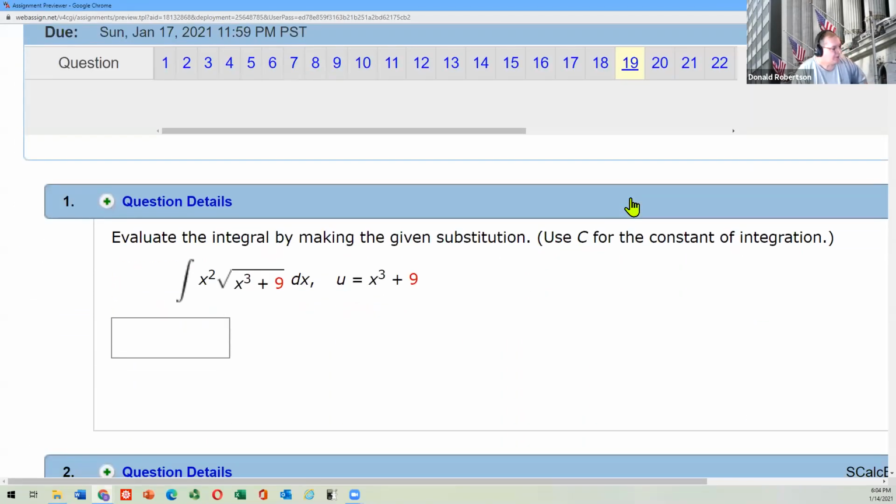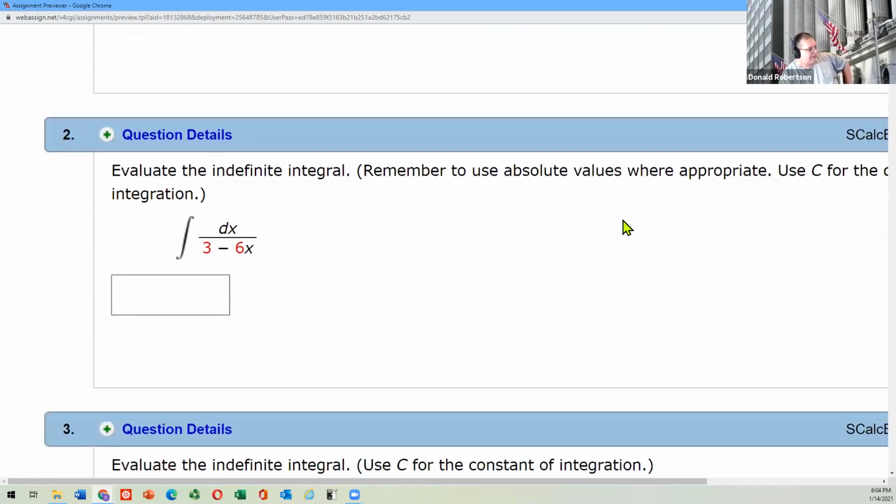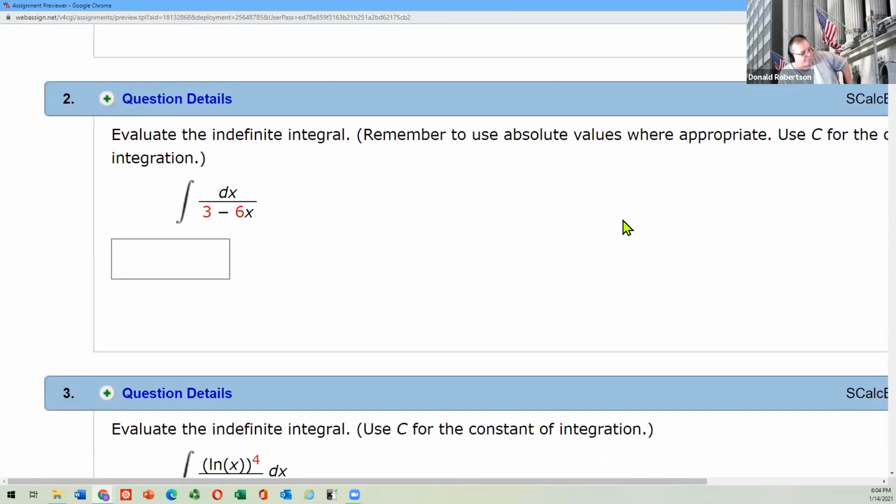Right. Question 1, the u sub is x cubed plus 9. Not really a question because they told you who the u sub is, right? And here's our first u sub. What would the u sub in question 2 be? Three minus 6x. You agree there's not a lot of choice, but that is the right u sub.